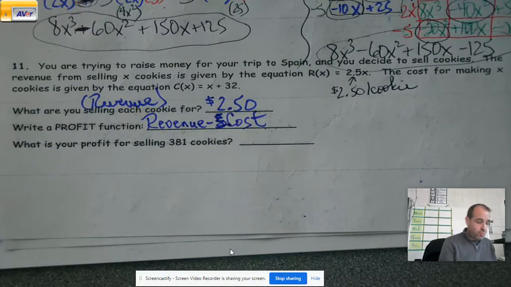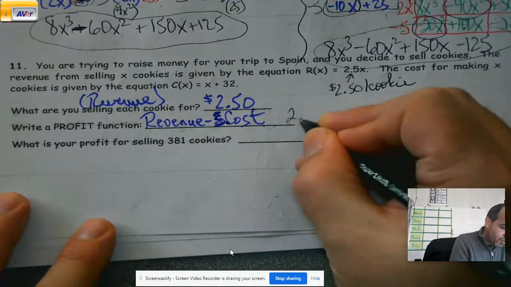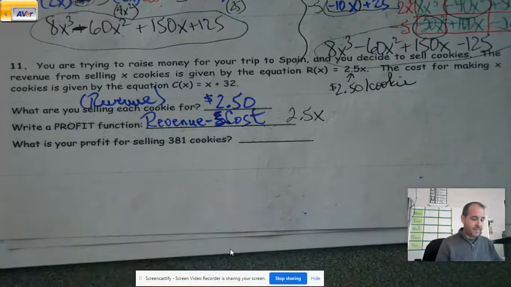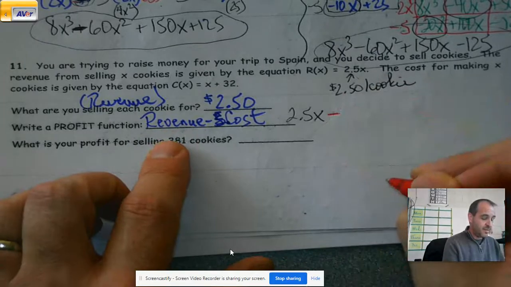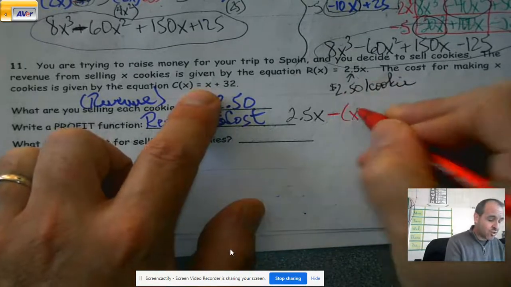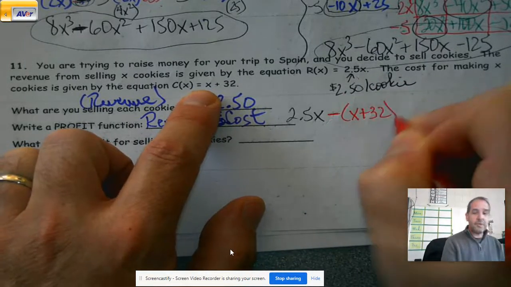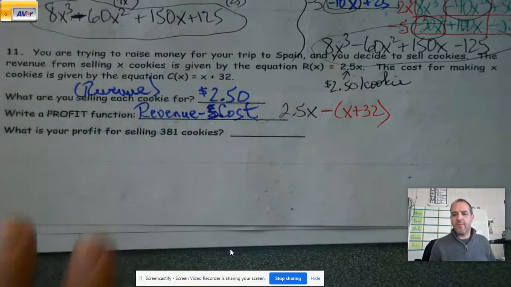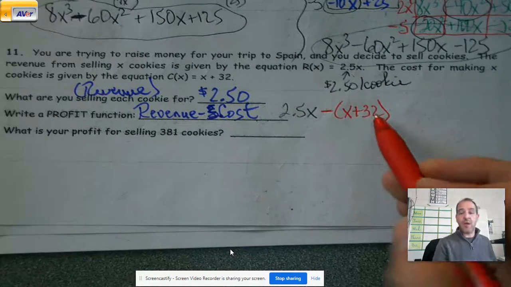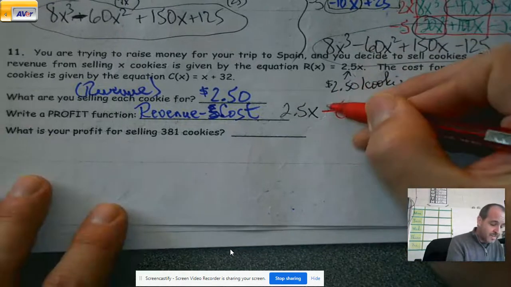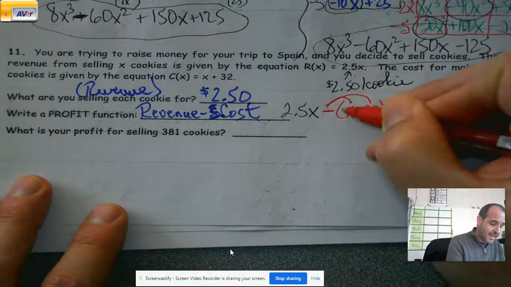So revenue is 2.5x minus my cost. Now, it's critical that I use parentheses. I always tell people, when in doubt, put parentheses in. Why? Because if I don't put the parentheses, I'm not going to be subtracting the 32. I would just be subtracting the x, not the x and the 32.